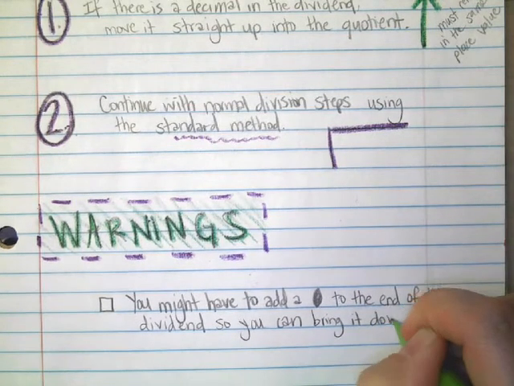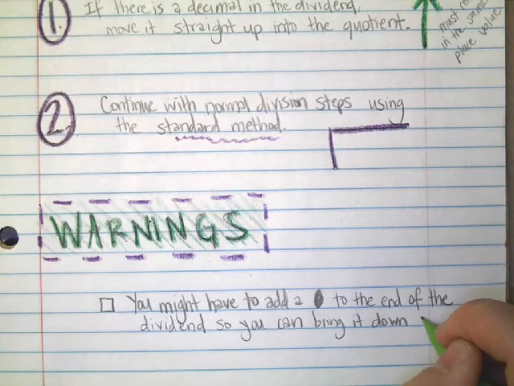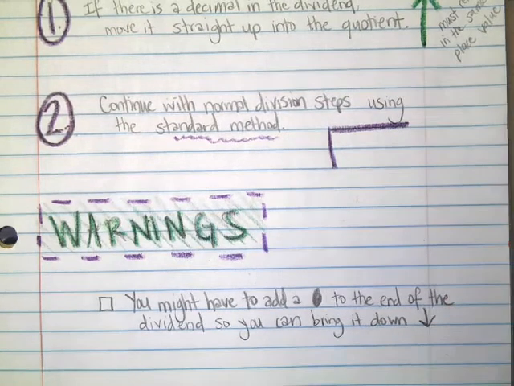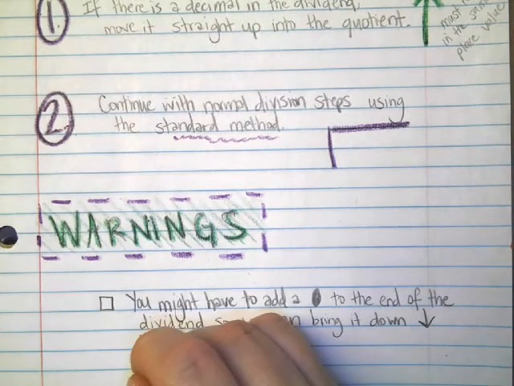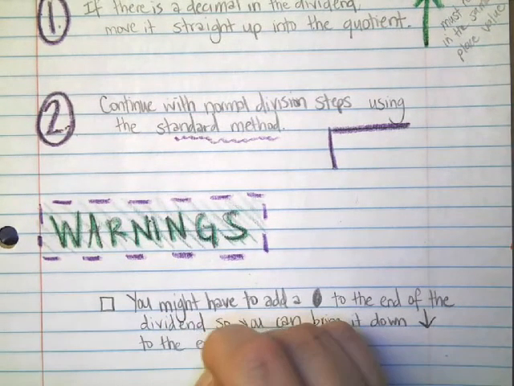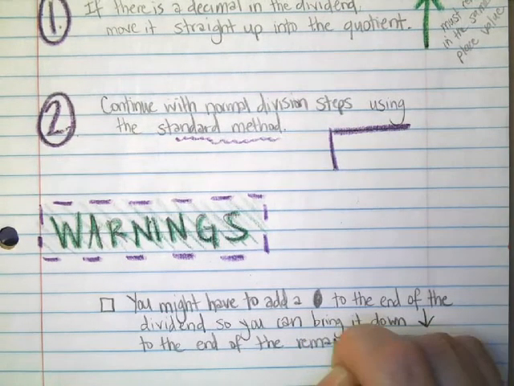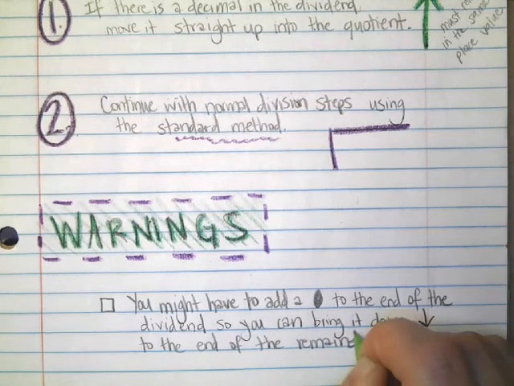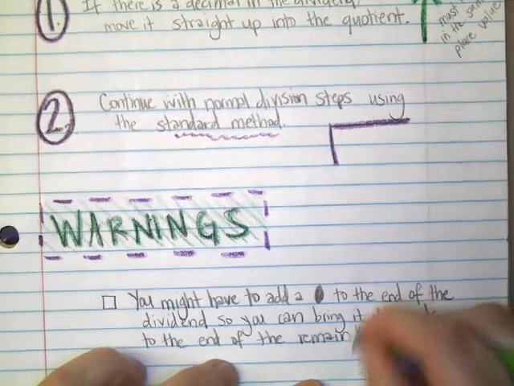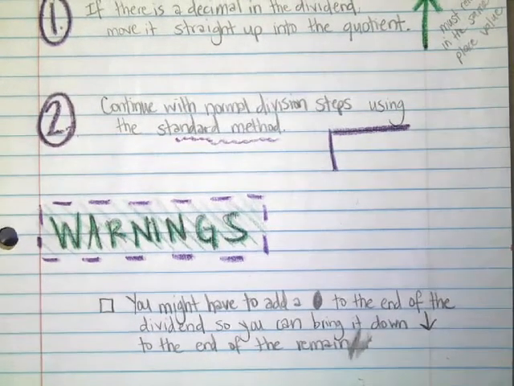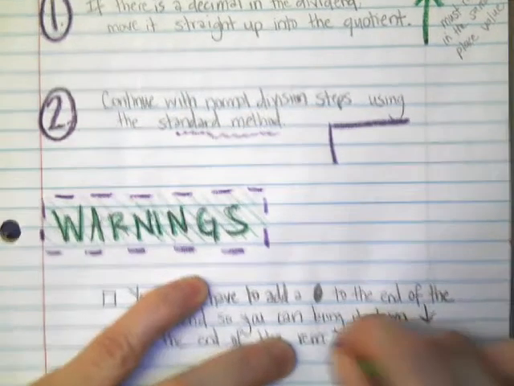We'll say so you can bring it down to the end of the remainder. This is what we talked about the last time we had math. That was hard. To the end of the remainder.